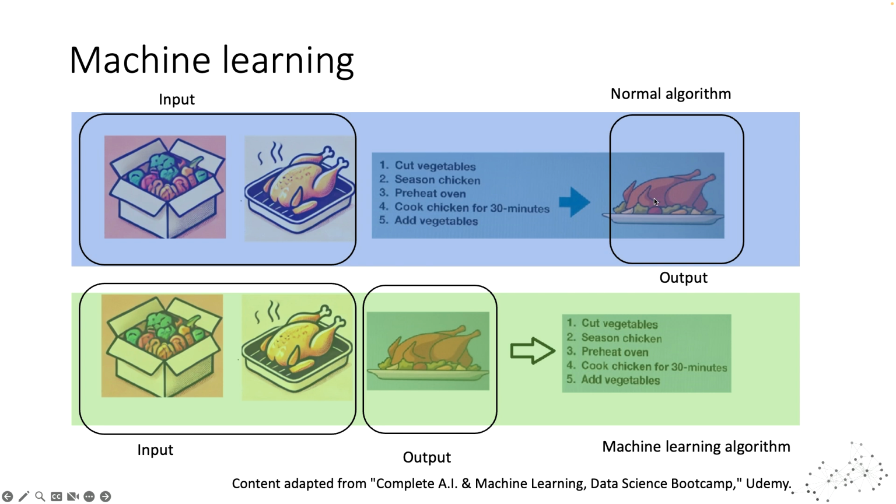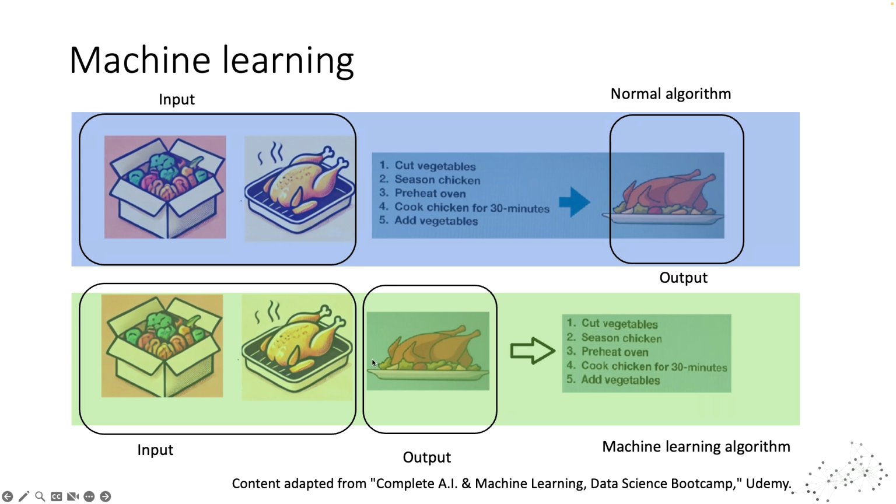So this is what we do in a normal algorithm. But in machine learning, we might provide plenty of data as an input to the machine learning algorithm, and we can say we want to prepare this kind of food from these vegetables and the meat, and then it can produce these steps for you.